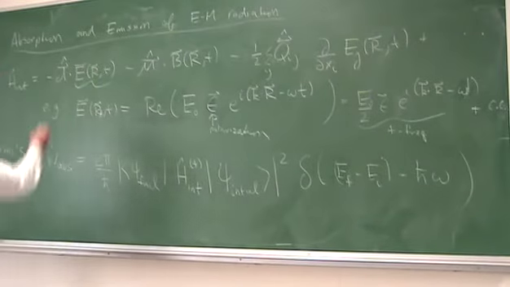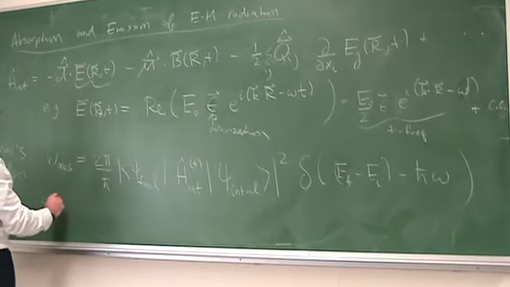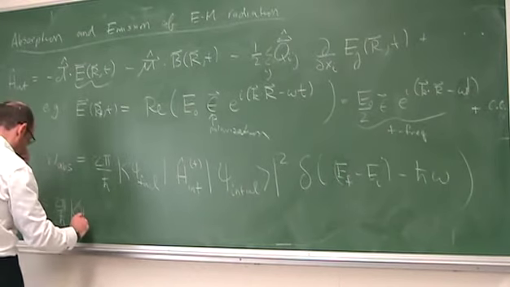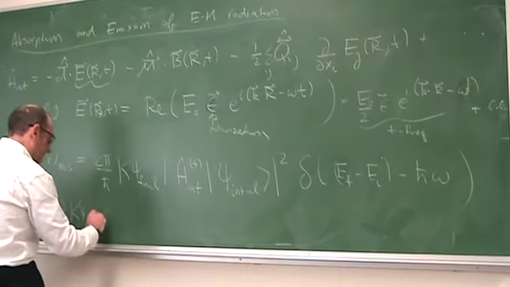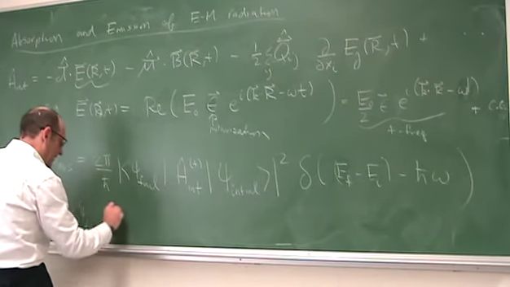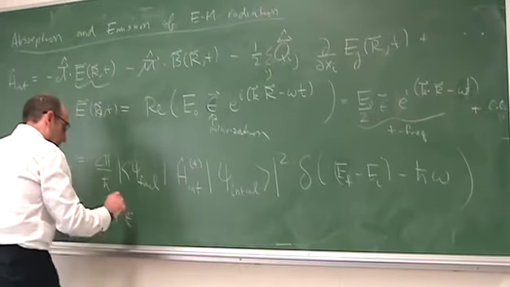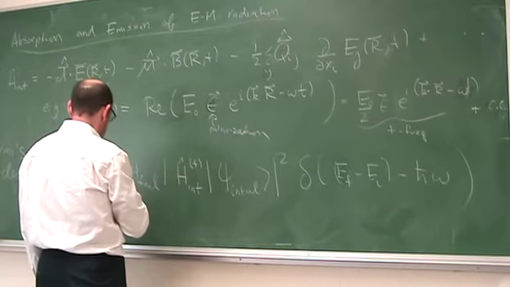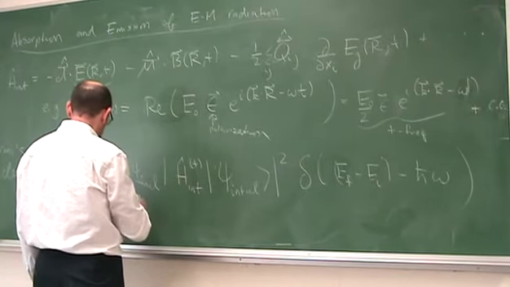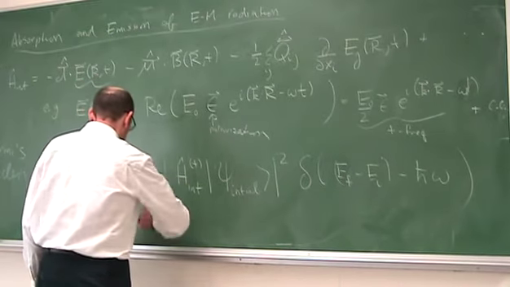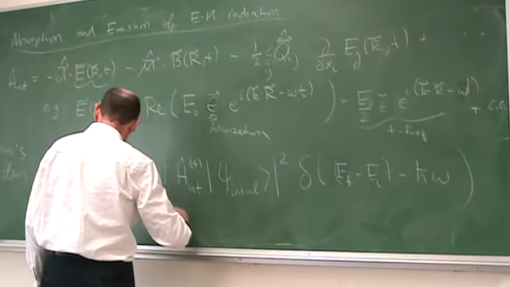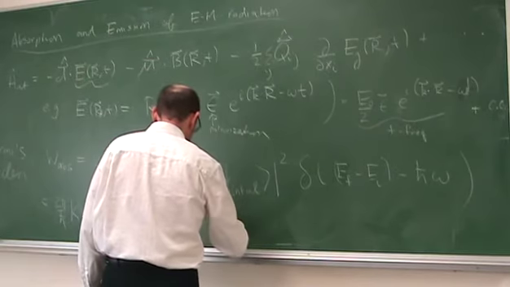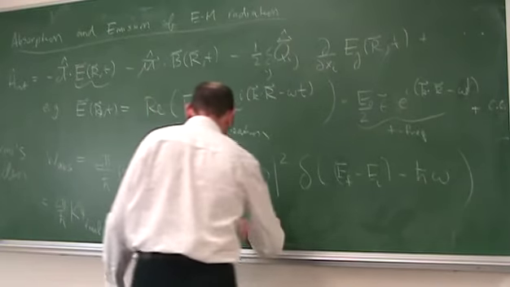In this particular case, for example, for the dipole term, this would be equal to 2 pi over h bar, the matrix element of d dot epsilon between psi final and psi initial, times E0 squared over 4 times the delta function.